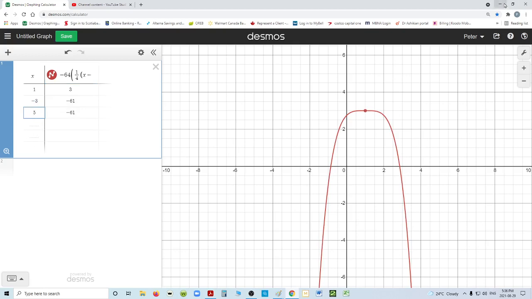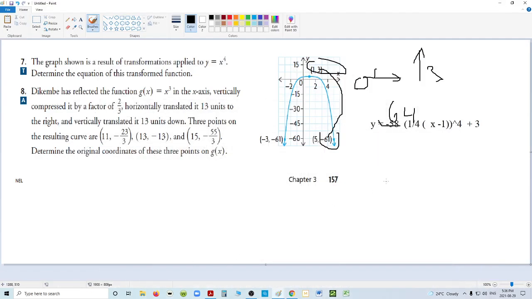Now you might say, how do you figure that out? And that's because normally it goes from 0, 0 to 1, 1. And that means there's no stretch. The next point is 1. Because it went from 1 x value here to 5 x value here, right? So it's going that way.